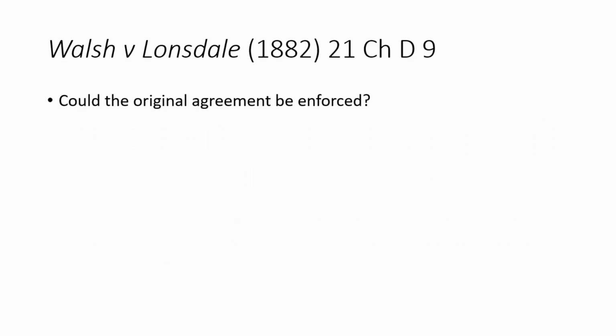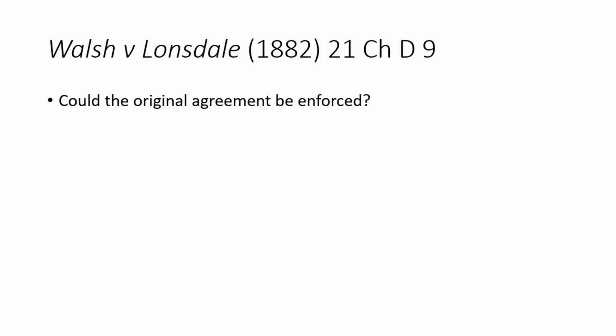Because that original written agreement entitled the defendant to demand a year's rent in advance. By extension, if the claimant failed to pay, the defendant could seek redress, could seek to recover their loss. So the question was: was the original agreement enforceable? The original agreement that the parties envisaged, but that they'd failed to put in a deed, could that original agreement be enforced?